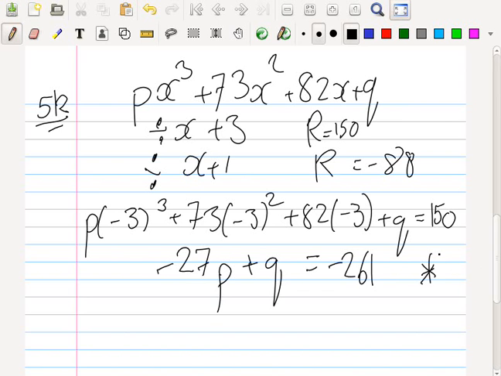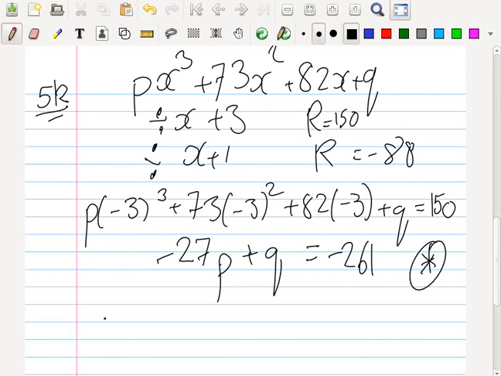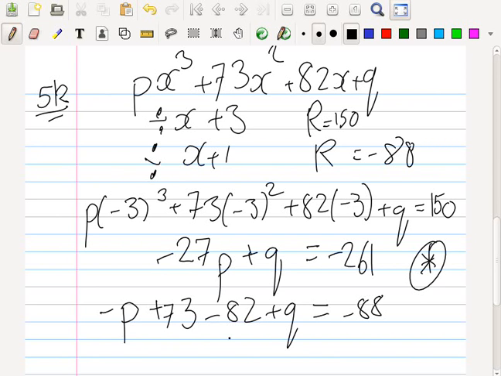Now I'll do the same thing with the other one. Well, that's actually a little easier. If I put in minus 1, so I get minus p plus 73 minus 82 plus q, that equals, no, the other one, minus 88. Is that right? Yeah?